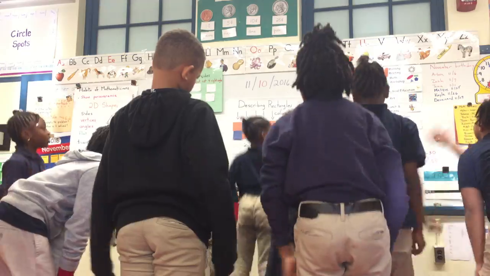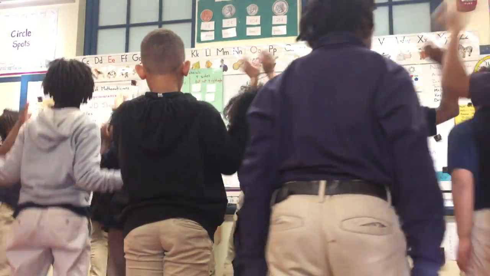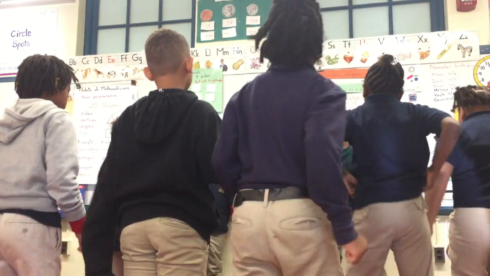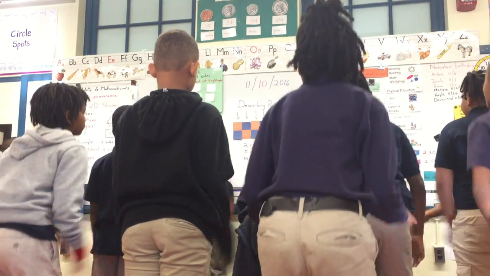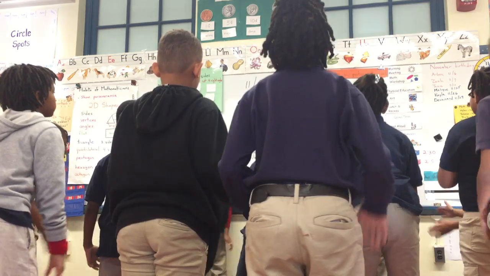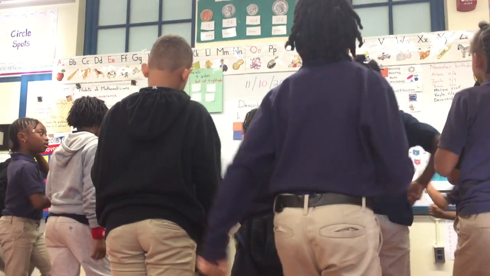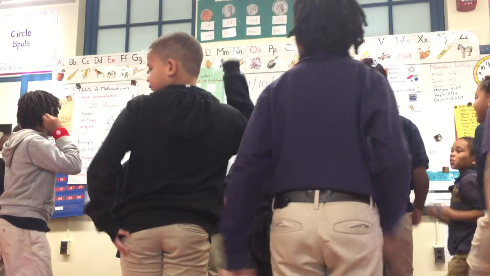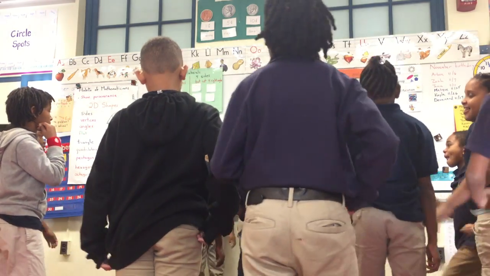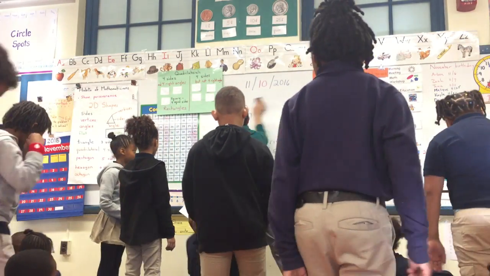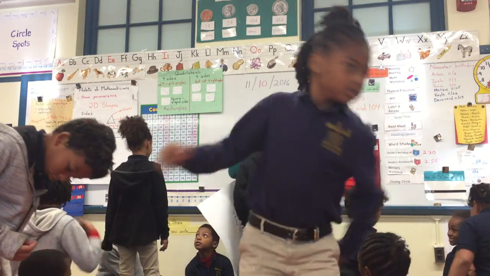Simon says jumping jacks. Simon says stamp your feet. Simon says slap your thighs. Simon says clap your hands. Simon says march. Hands on your ears. Oh man, okay. Have a seat. Simon says have a seat. Thank you.